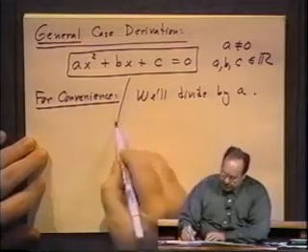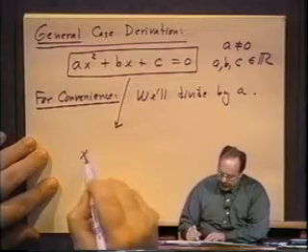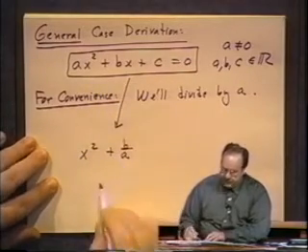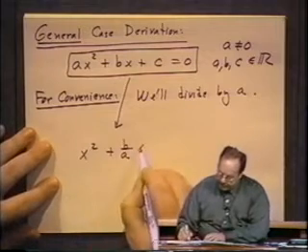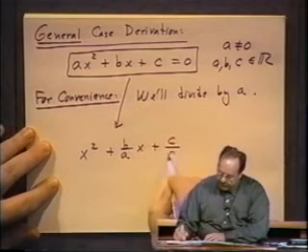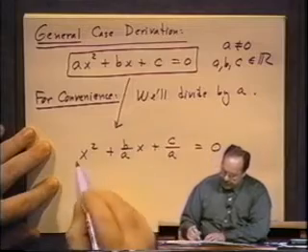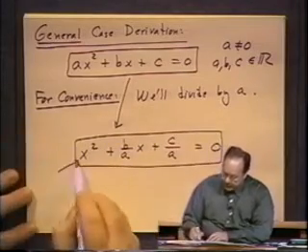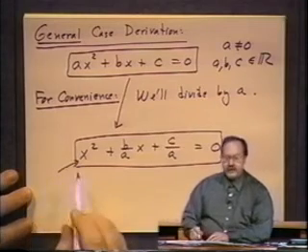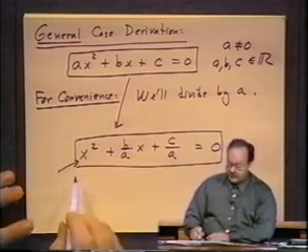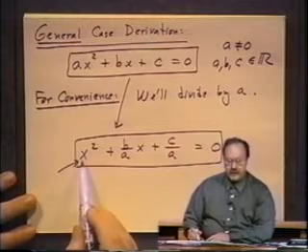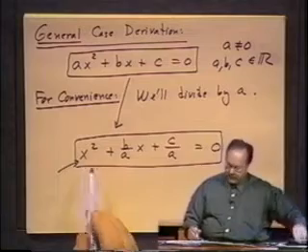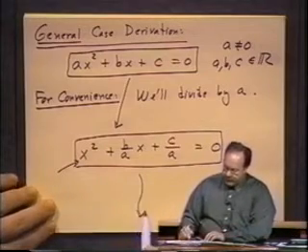So in doing that, we get x squared plus b over a, we don't know what b is, so we can only write b over a, plus likewise c over a equals 0. So now we have this in the form where the leading coefficient is 1. And we'll do this many times in the future. It makes things easier, so we don't have to worry about working with a coefficient that's not 1 here, which can cause difficulties.